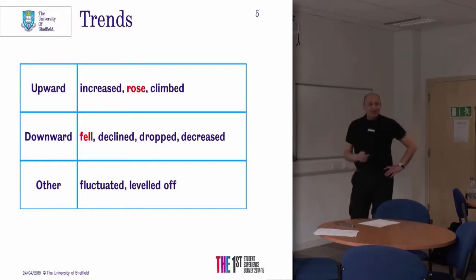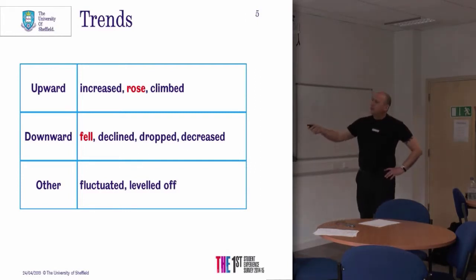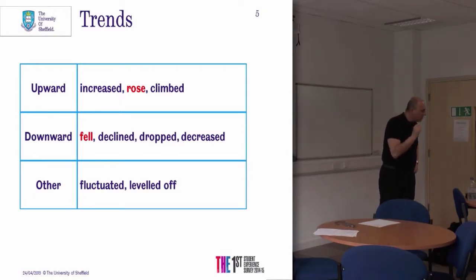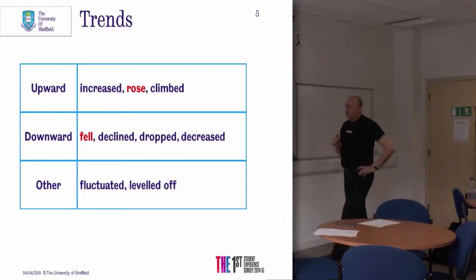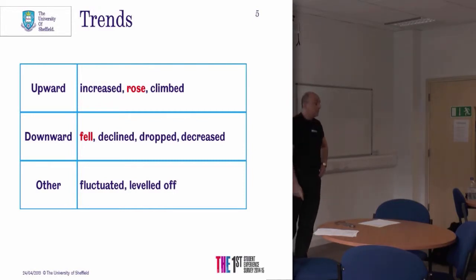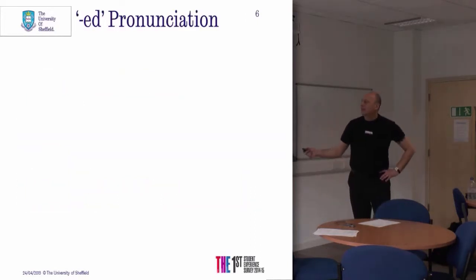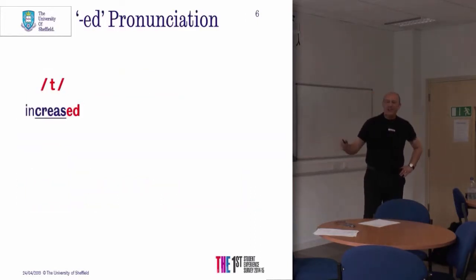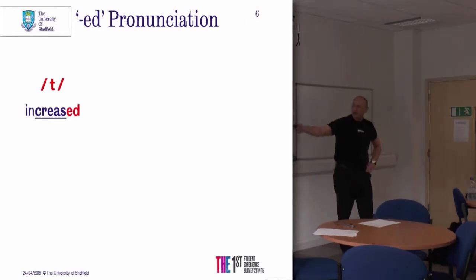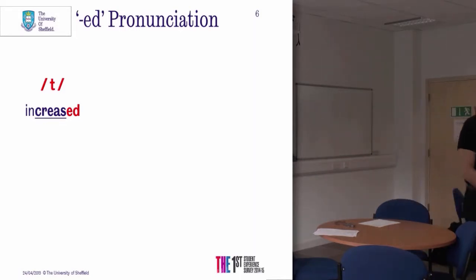So what I'd like you to do is together try saying those words now and decide, do you think these are going into the T sound? So for example, do you think we say increased, increased, or increased? If it's like that, you might decide that increased would go in here. So just try that together, then we'll check that in a few moments.